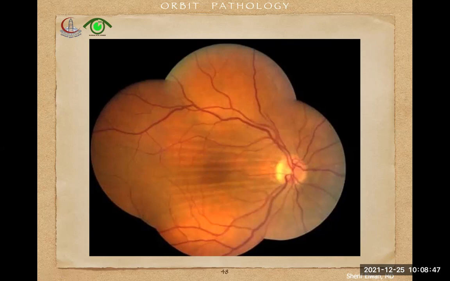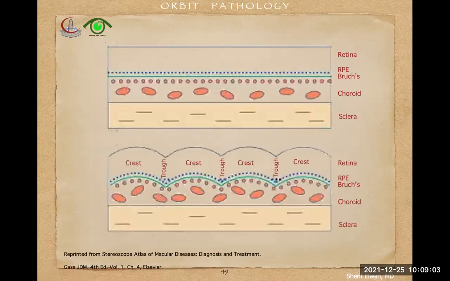And if the cone is separated from the underlying retinal pigment epithelium, this results in loss of central vision. But if the crest does not pass through the fovea, central vision would be preserved.